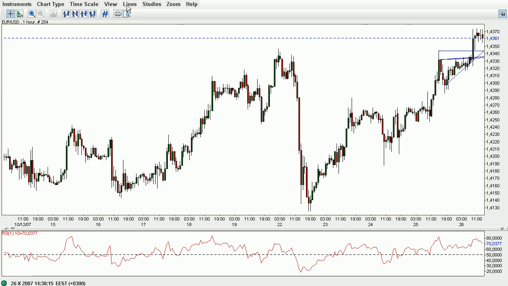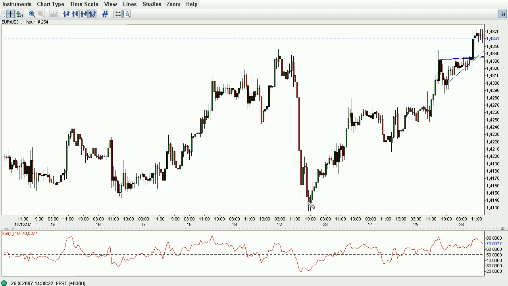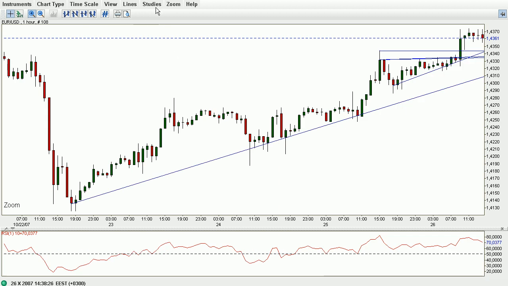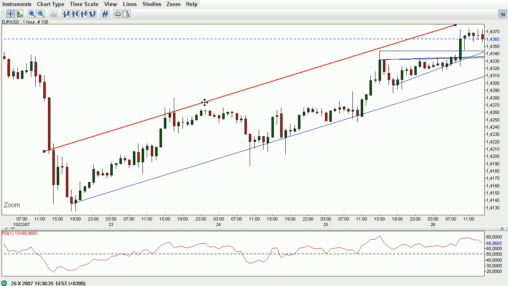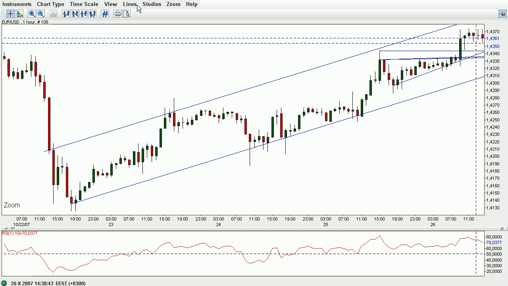Okay, so we can see that if we zoom out, right now we are situated in a channel in which this currency pair is trading, and we can zoom in in order to see this channel better. These are pretty much the upper and lower boundaries of our channel, and right now we are at the upper boundary of our channel.